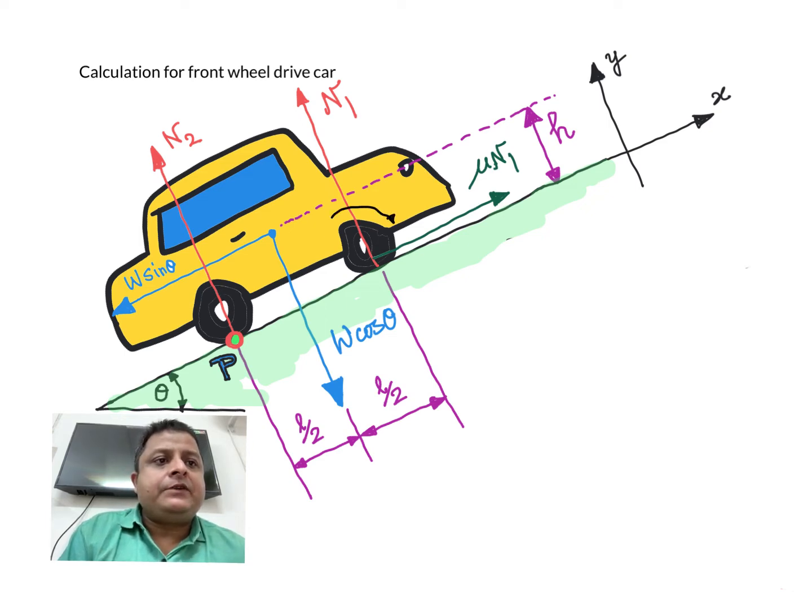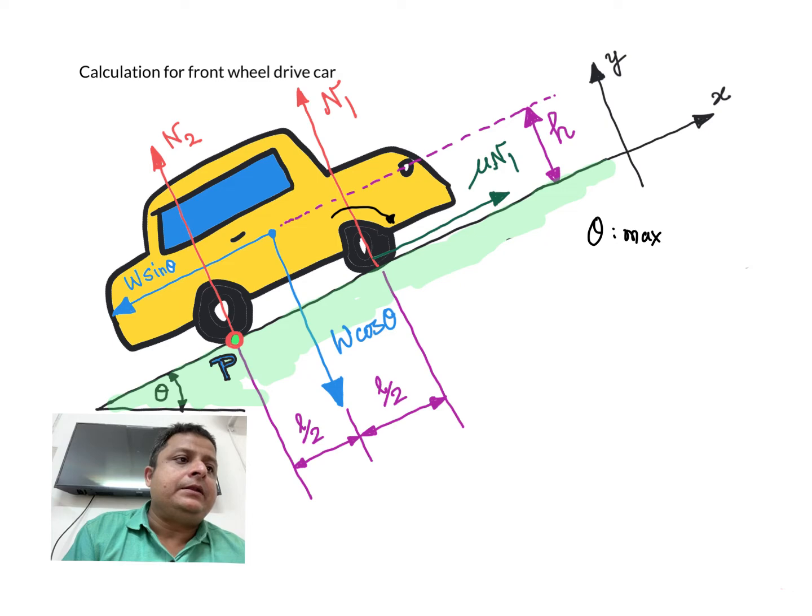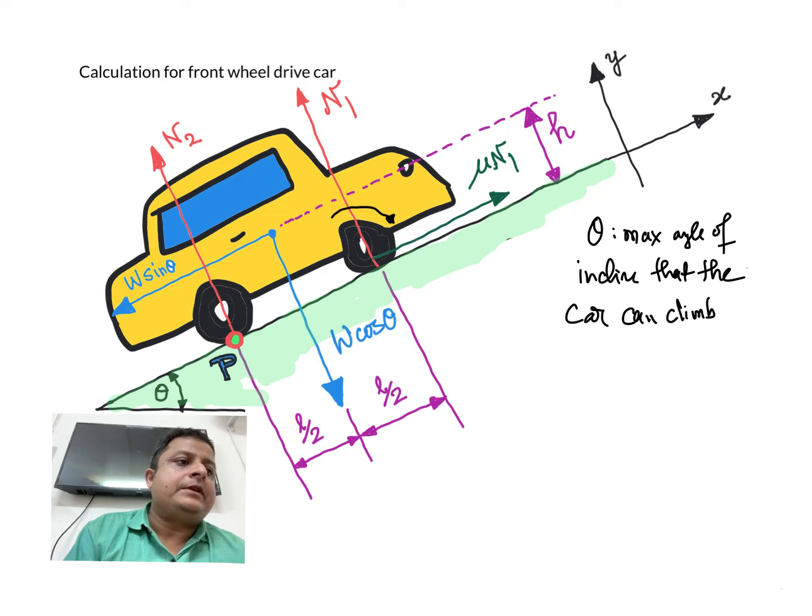So obviously the friction on the front wheel is in the forward direction, and that is limiting friction, because here also theta is the maximum angle of the inclined surface that the car can climb without slipping.